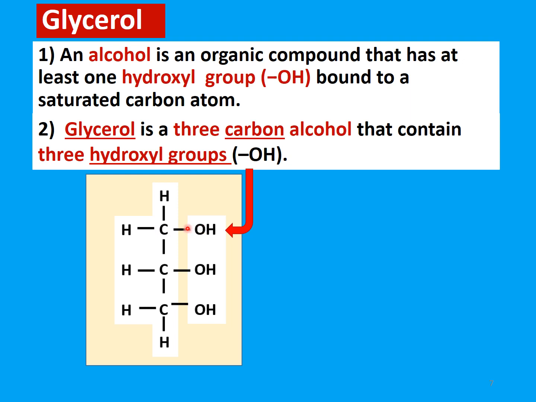But basically, what is important here is that glycerol is a 3-carbon alcohol that contains 3 hydroxyl groups, and these hydroxyl groups will react with the fatty acid to form the triglyceride.